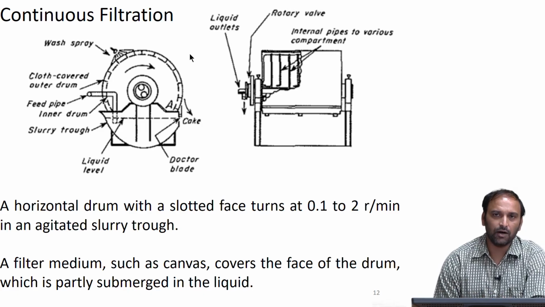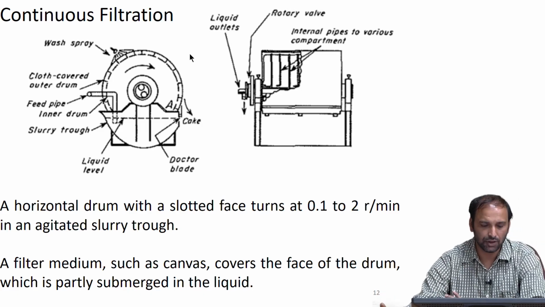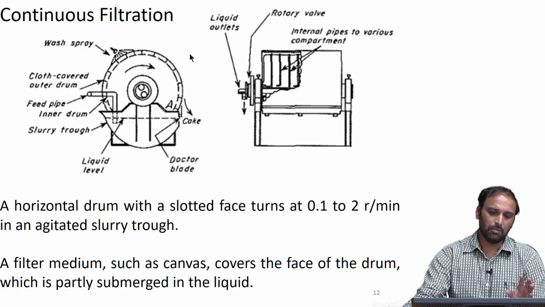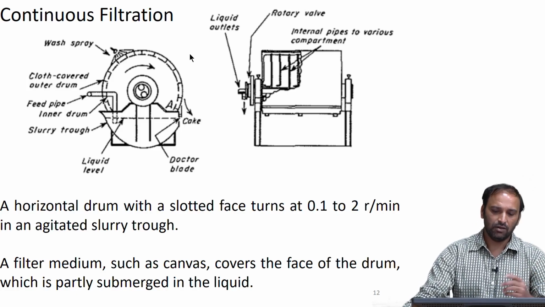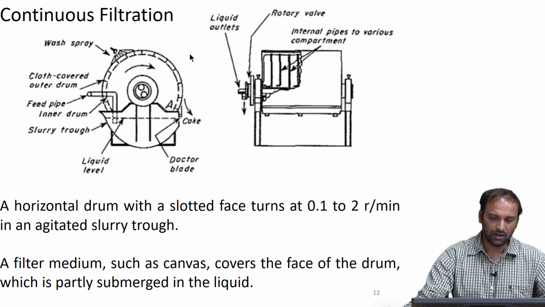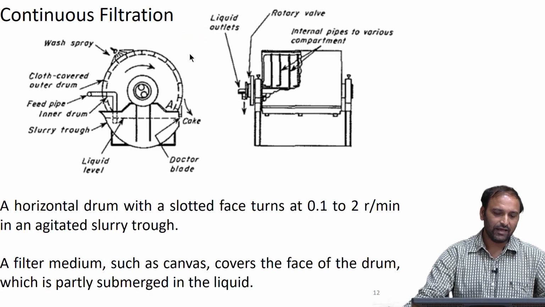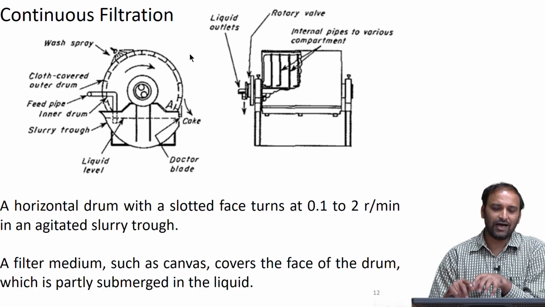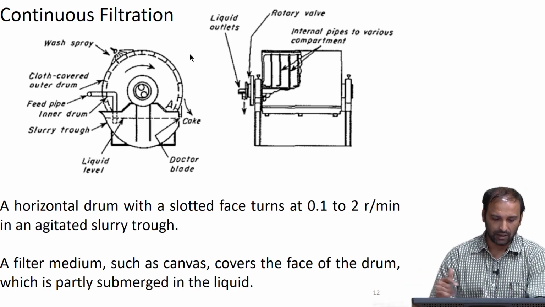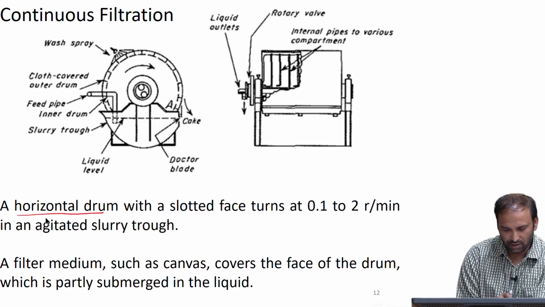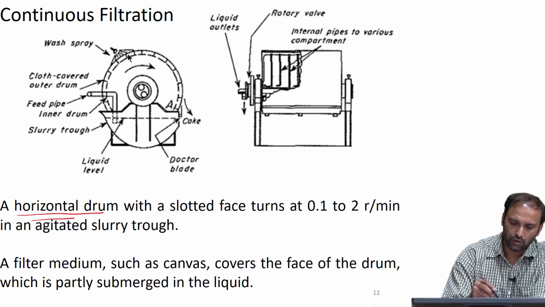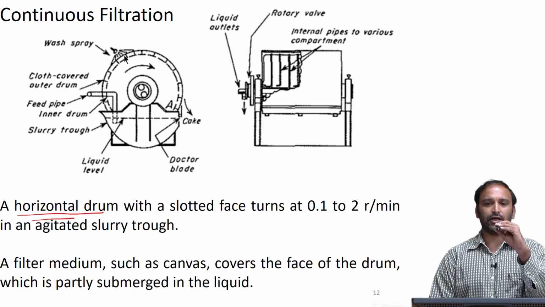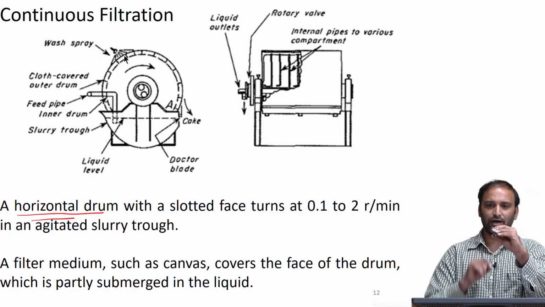In the case of continuous rotary filtration, the pressure drop that is supposed to be maintained constant is done by applying a vacuum. What you essentially have is a horizontal drum. If this is my drum, I am looking at it as a side view, so I see a circle.